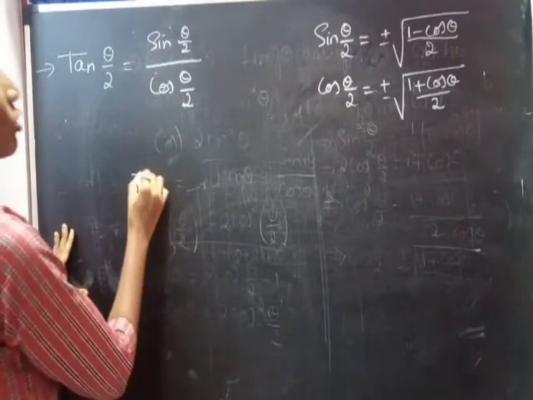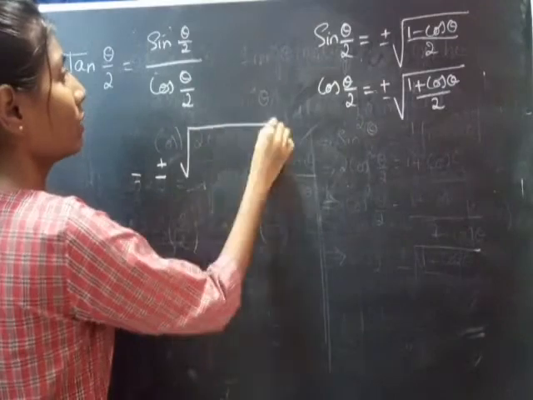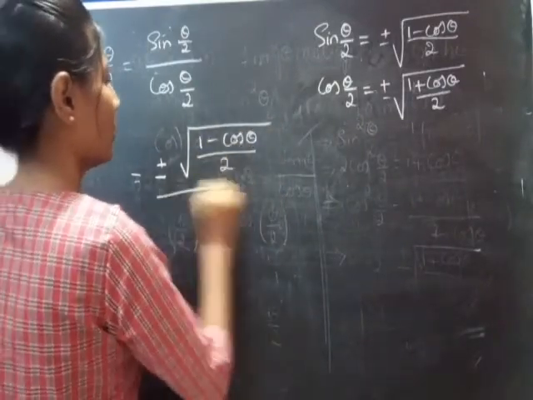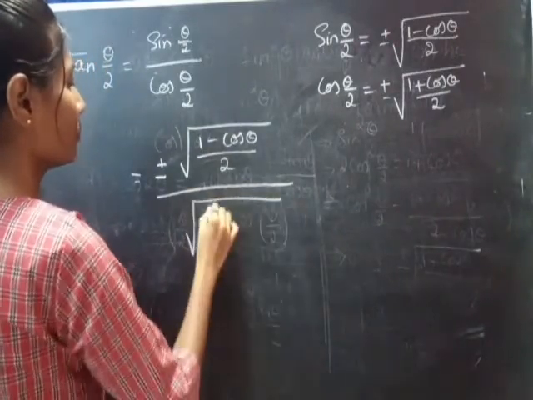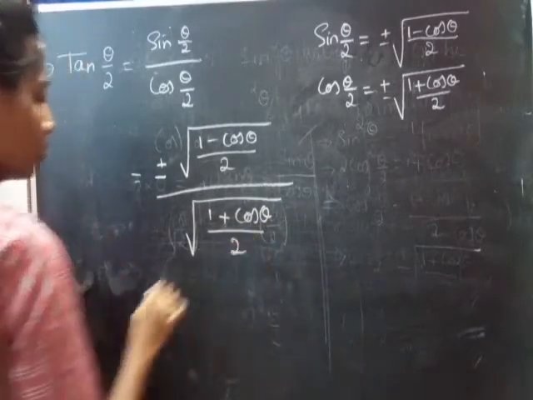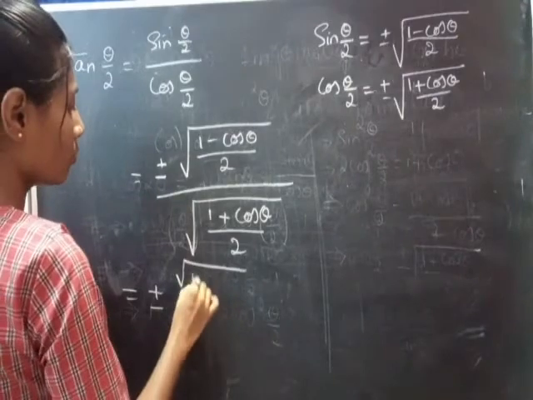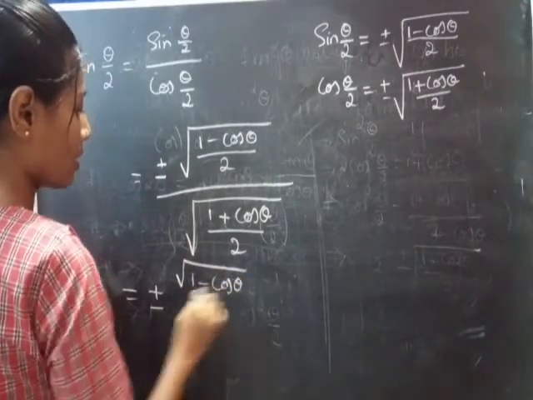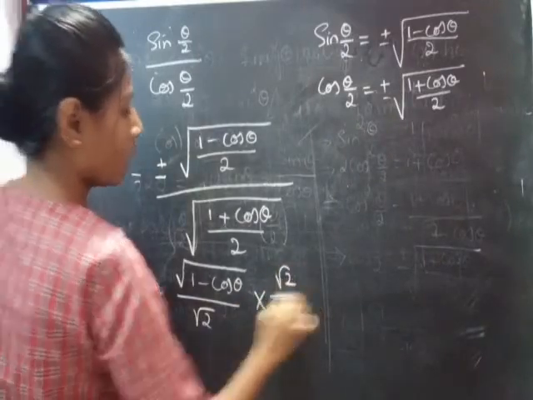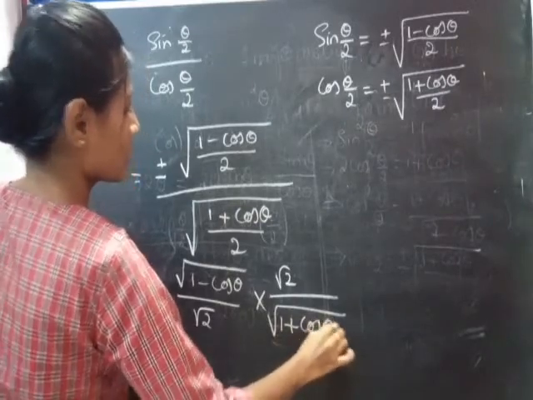So this equals plus or minus root over (1 minus cos theta) by 2, divided by root over (1 plus cos theta) by 2. So this equals plus or minus root over 1 minus cos theta by root 2, into root 2 by root over 1 plus cos theta.